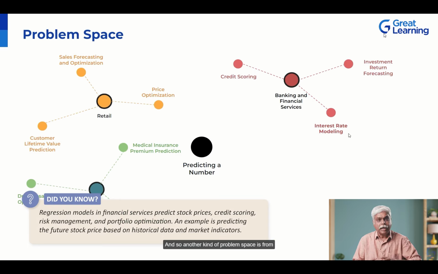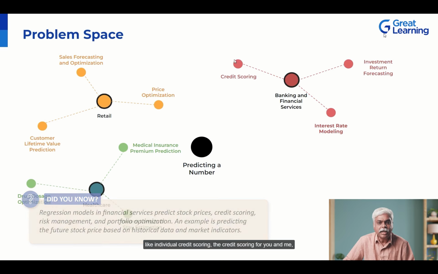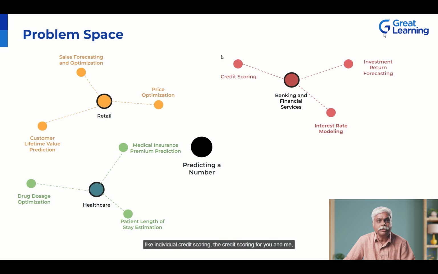And so another kind of problem space is from, shall we say, small problems within the space, like individual credit scoring, the credit scoring for you and me, to portfolios of investments, to interest rate models for economies. This is a multi-scale problem space, which becomes complicated.